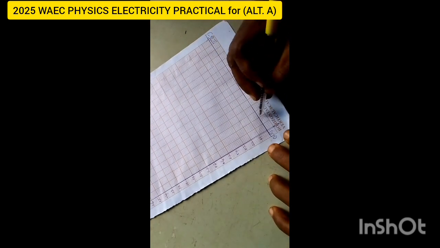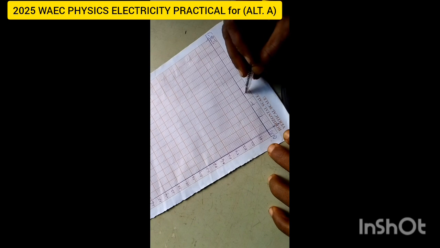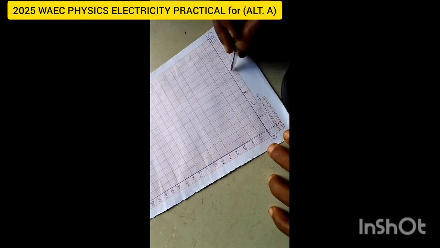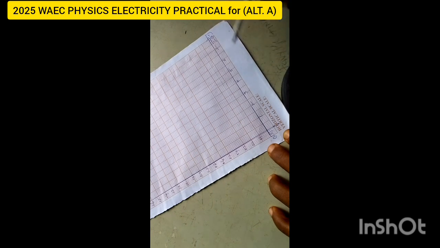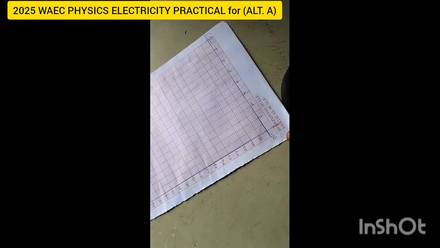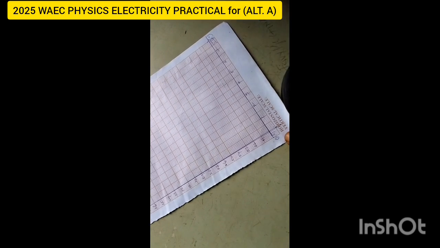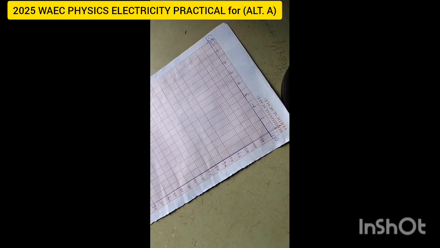So we can say, let here be 1, let here be 2, let here be 3, let here be 4, 5, 6, 7. So what it means is that 2 cm on this axis represents 1 unit, while 1 cm on this axis represents 0.1 unit. Okay, now having done the necessary axes and the labeling, we'll start the work.